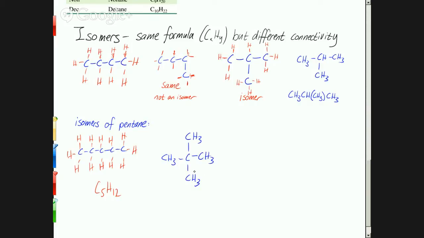This is also C5H12, so it also has 5 carbons and 12 hydrogens. But it's definitely connected in a different way. The longest continuous chain here is 1, 2, 3, 4, 5. The longest continuous chain here is 1, 2, 3. However you count it out, you can only get 3 carbons and then you stop, and the other 2 carbons are coming off of it in a different way. We also have a carbon that has no hydrogens on it in the middle. So same formula, but connected in a different way. So definitely an isomer. All right, let's look at the other one here.